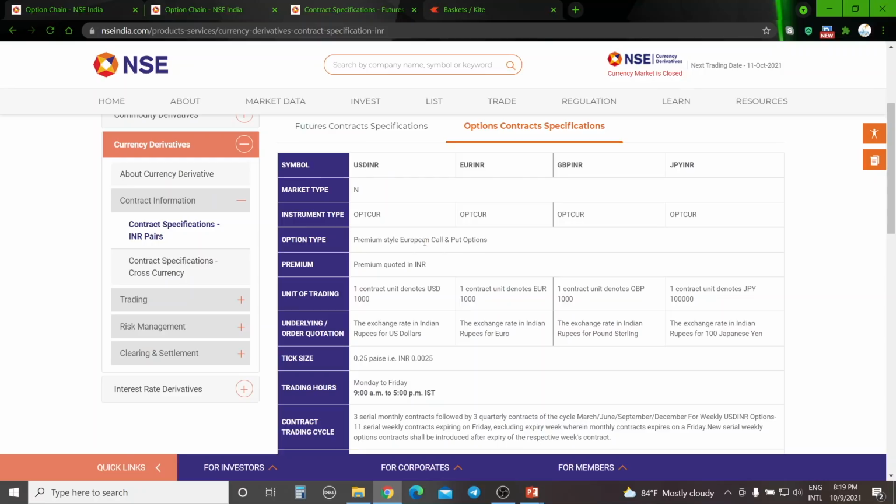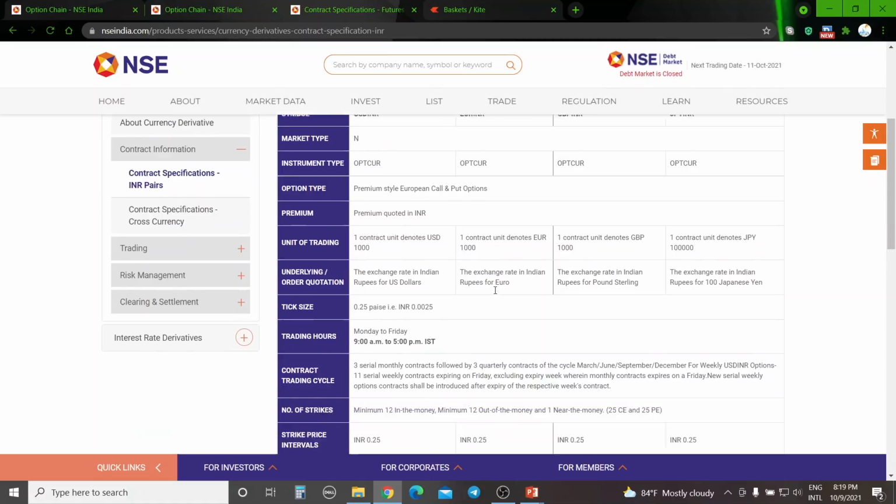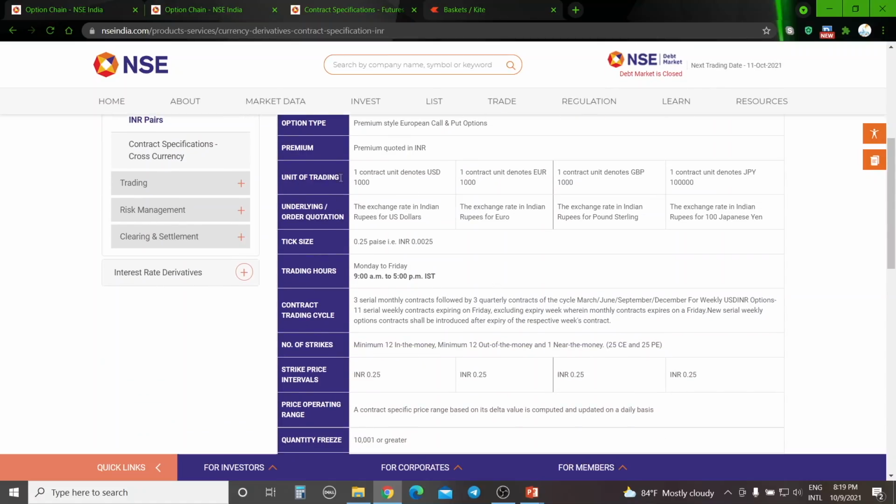All the contracts traded in the Indian markets are European options. Okay, so the premium price is quoted in Indian rupees and the unit of trading, one contract of the USD INR is equal to 1000 USD. Just remember this, one contract, one lot means 1000 USD.